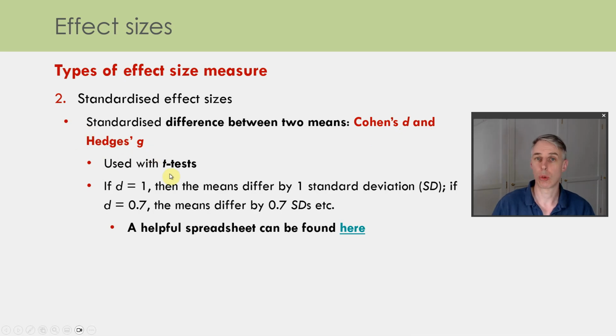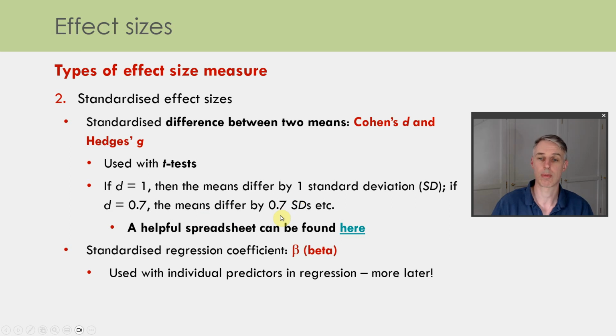You'll see those used most commonly in conjunction with t-tests. A Cohen's d of 1 means that the means of two groups differ by one standard deviation. If the d is 0.7, it means those means differ by 0.7 standard deviations.